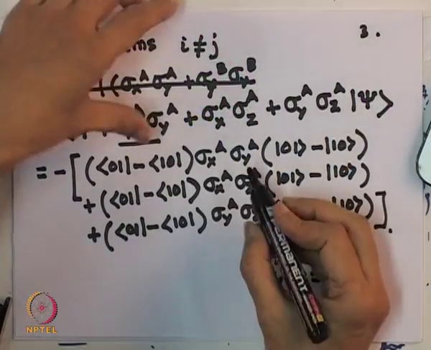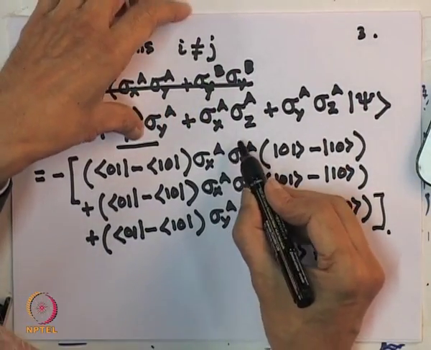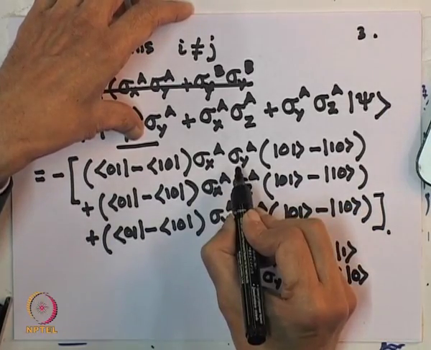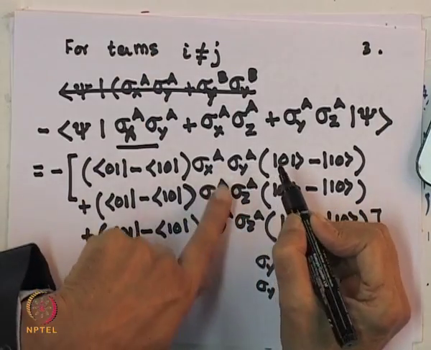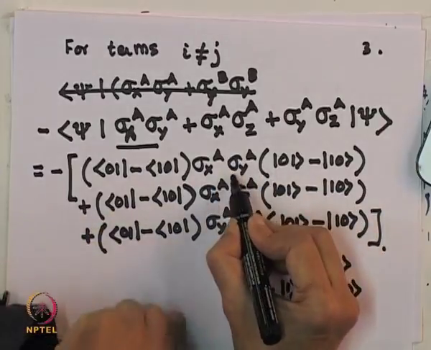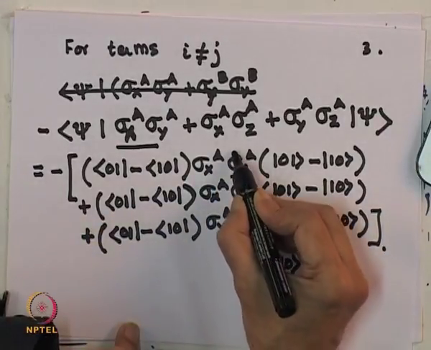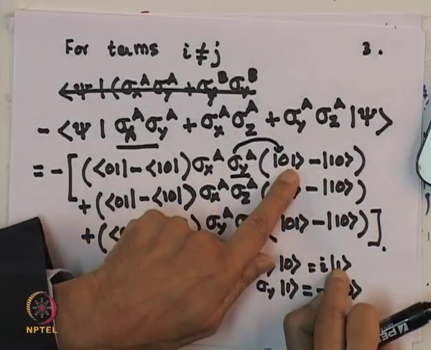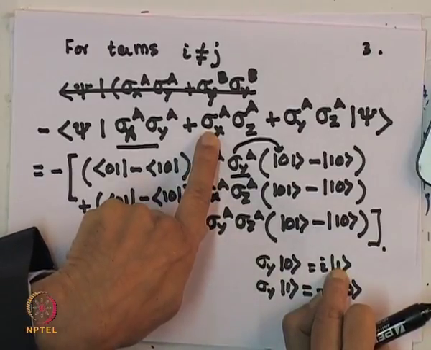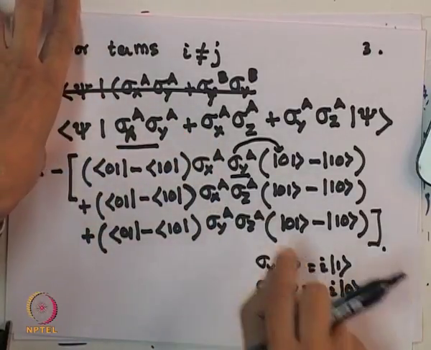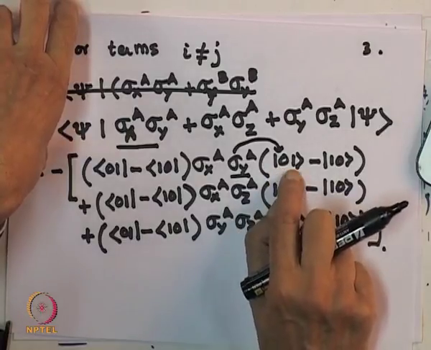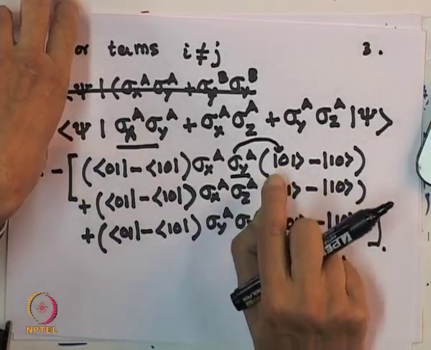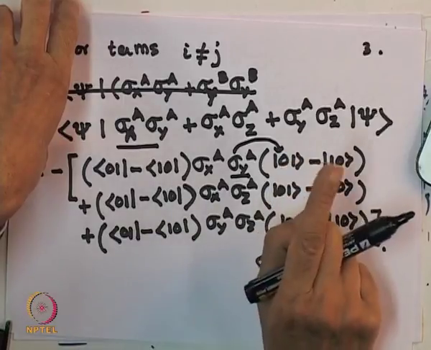Now notice what is happening here. Remember all of them are acting on the first particle, and I have to put them in the order in which they appear. So in this case, this sigma ya acting on 0 gives me i times 1, sigma x flips it back. So other than the state flipping from 0 to 1 back to 0, I have simply collected a factor i.